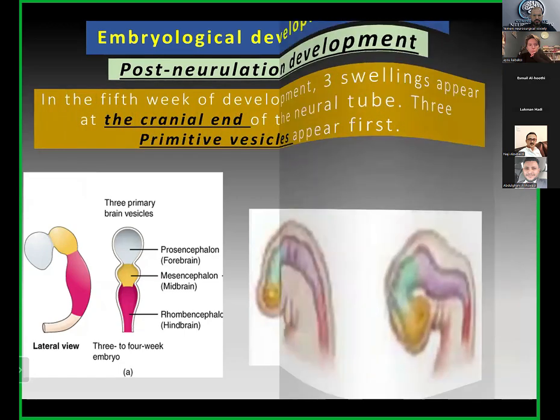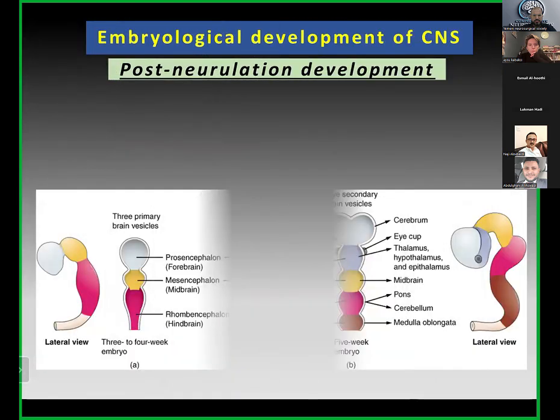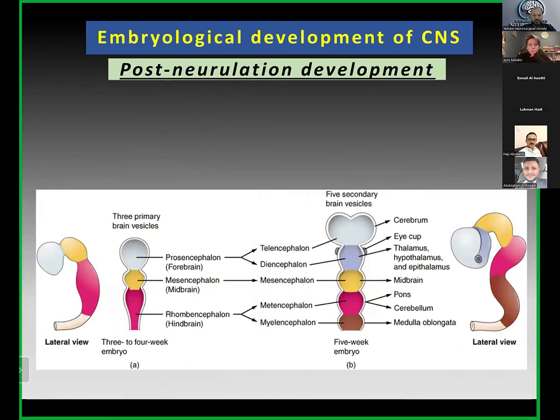These primary vesicles will undergo more maturation and differentiation to form the five secondary brain vesicles. So the prosencephalon, which is the most cranial part of the primary vesicles, will differentiate into the telencephalon and diencephalon, while the mesencephalon will stay the same and will not divide.